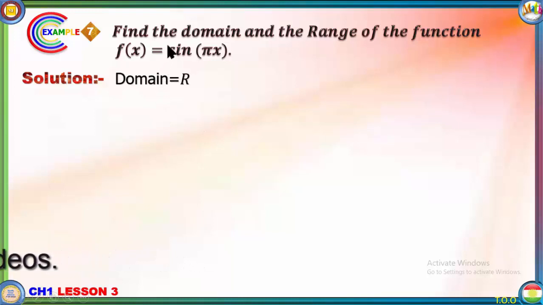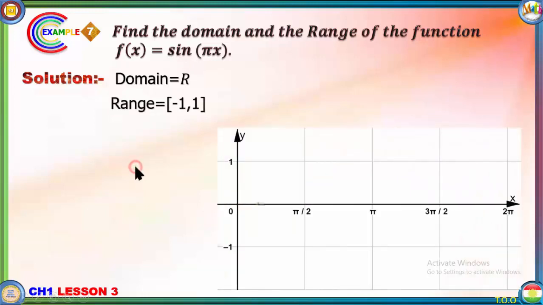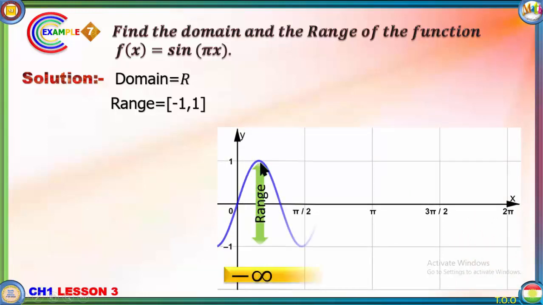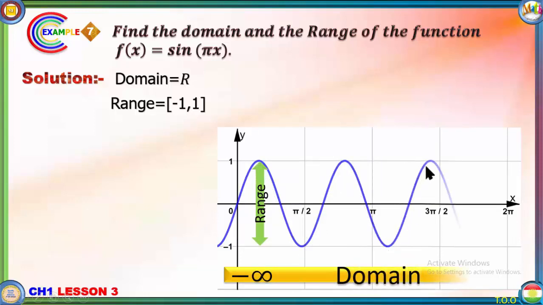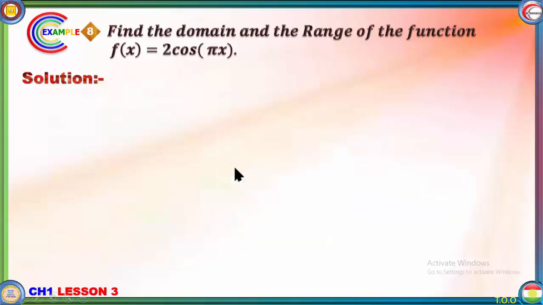Because we don't have any number multiplied by sine, the range is from -1 to 1. Here you can see it starts from -1 to 1, coming down to -1, going up to 1, continuing in this way. Therefore the domain is from negative infinity to positive infinity and the range is from -1 to 1.